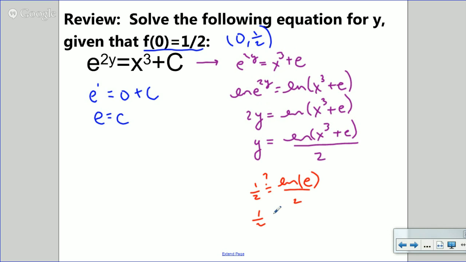Well, yeah, it does, because ln of e is 1, right? So I have 1/2 equals 1/2. So this is indeed my final answer. Okay, always go back and check, because after you did all that work, the nice thing about these problems is at least we can go back and check our algebra.